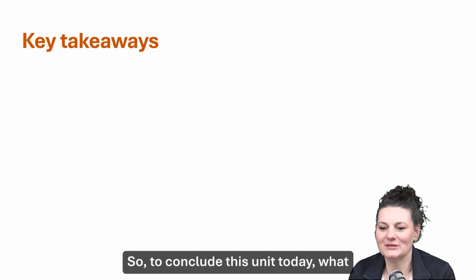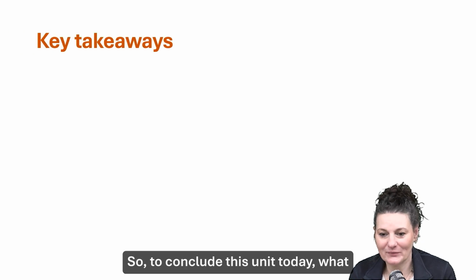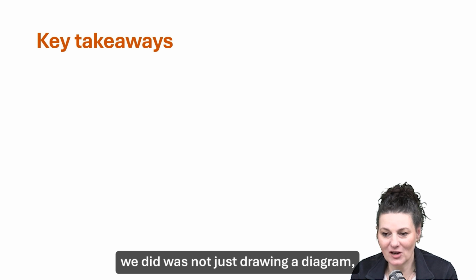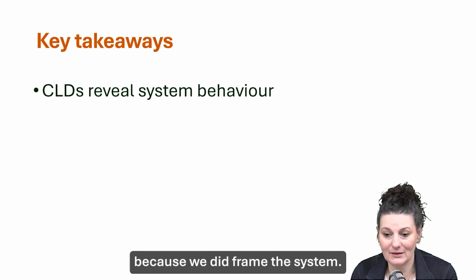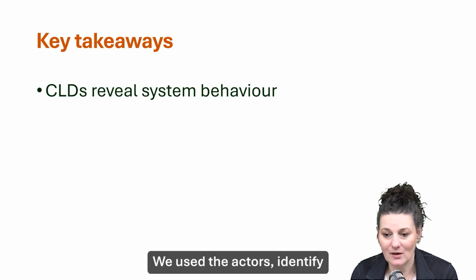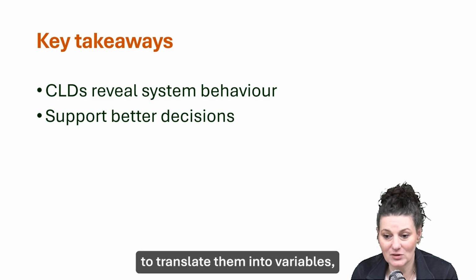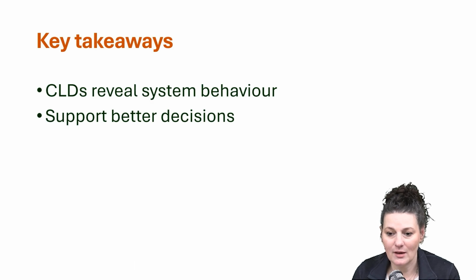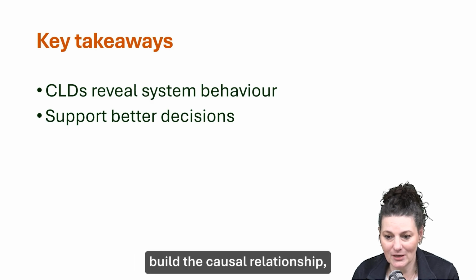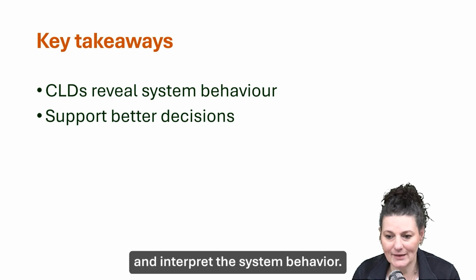So, to conclude this unit today, what we did was not just drawing a diagram, because we did frame the system. We used the actors, identified their role and what they exchange to translate them into variables, built the causal relationships, identified the feedback loops, and interpreted the system behavior.